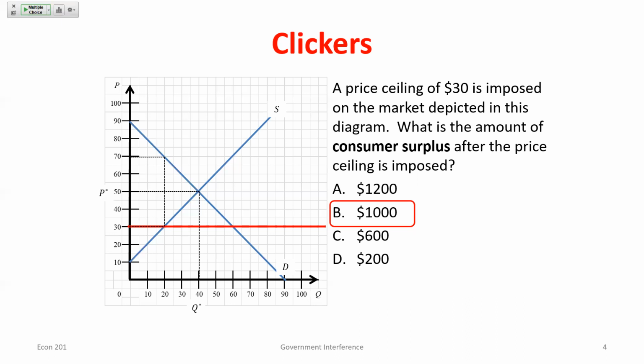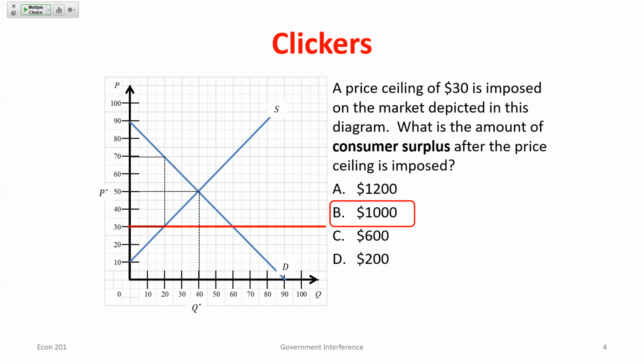Producer and consumer surplus together will represent total surplus if we didn't have anything happening in this market.